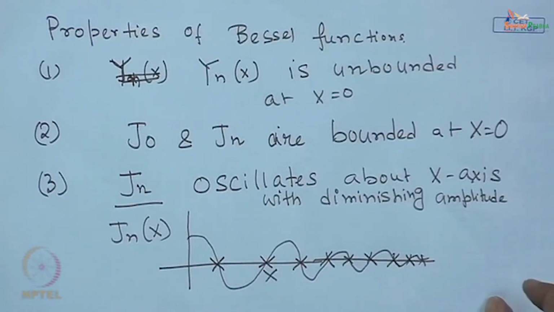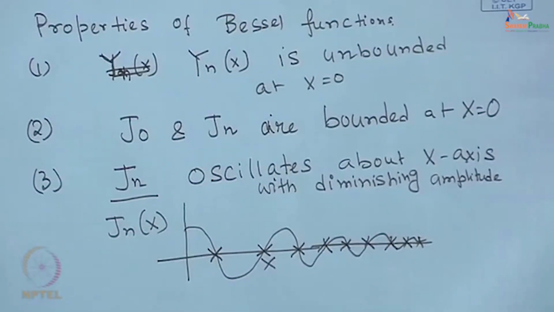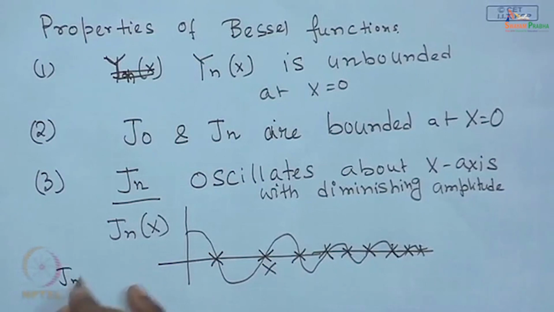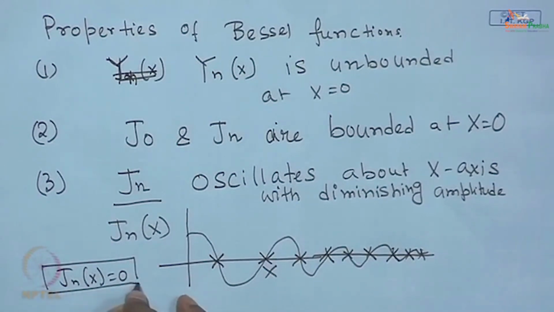So, basically this property of the Bessel function means that an infinite number of roots are possible for the equation J n x is equal to 0, and all of these roots correspond to the eigenvalues of the problem.